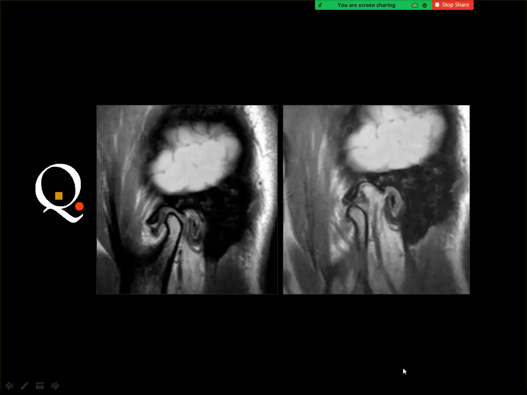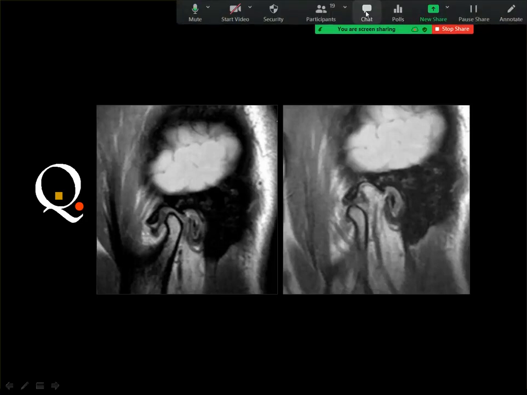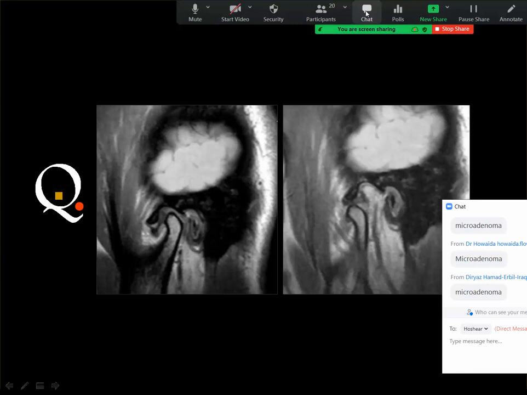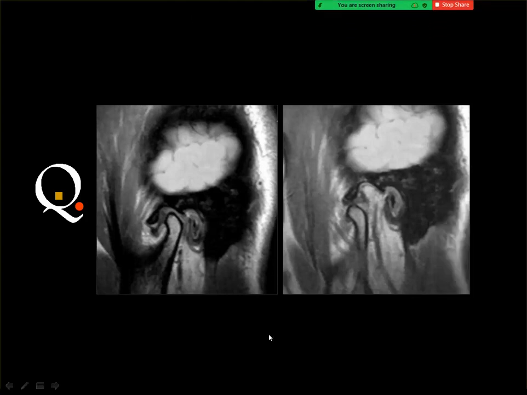This is MRI of the temporomandibular joint. Anterior dislocation with reduction. Yes, this is the right answer.